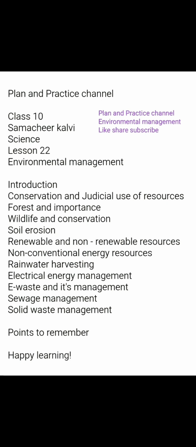Next, preserve the endangered species. Next, to study the ecological relationship of the plants and animals in natural habitat. Hunting and poaching should be prohibited. Establishment of national parks, wildlife sanctuaries, protected areas and biosphere reserves.